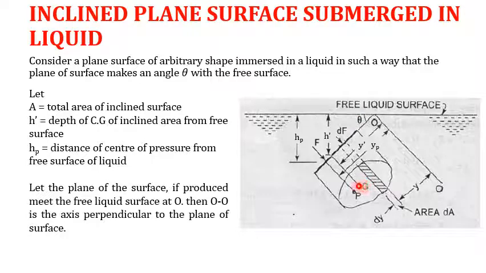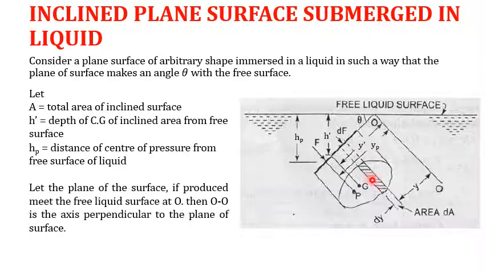G is the center of gravity and P is the center of pressure. As we know, the total pressure force acts at this P point, and its vertical distance from the water surface is hp, and the vertical distance for the G point is h dash.